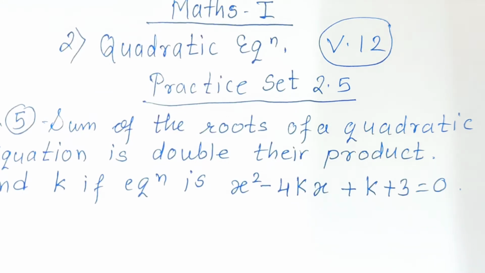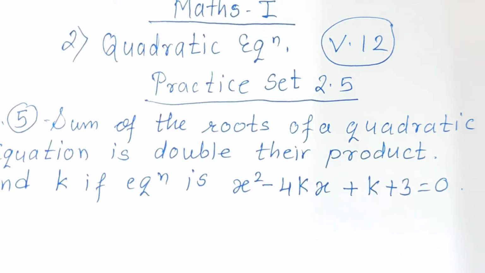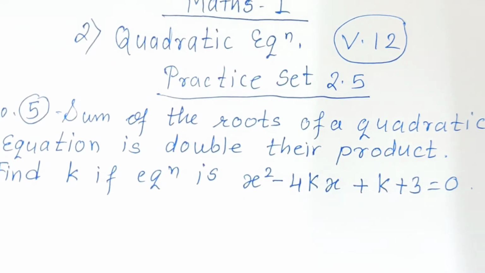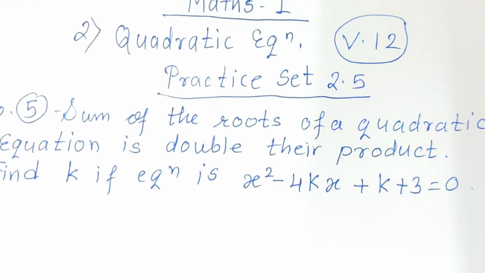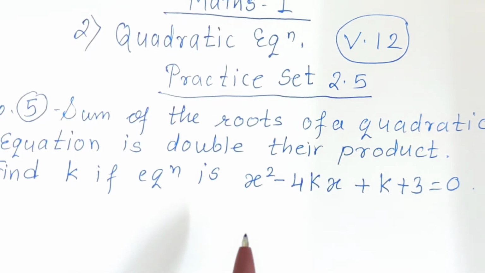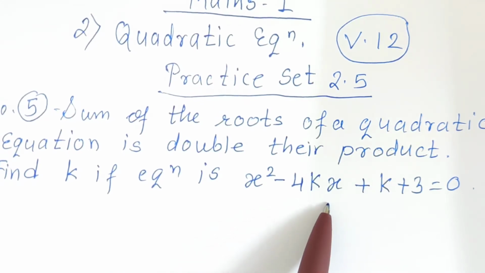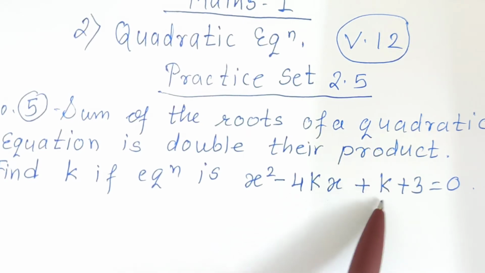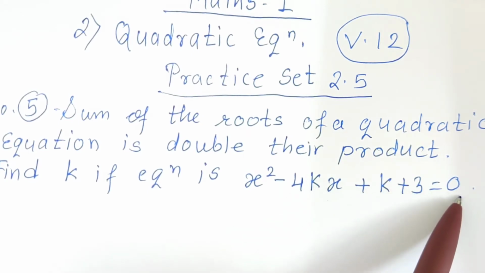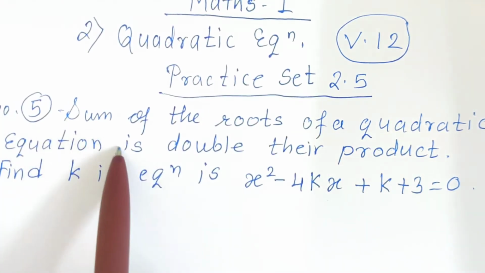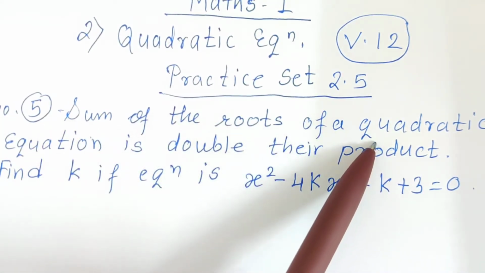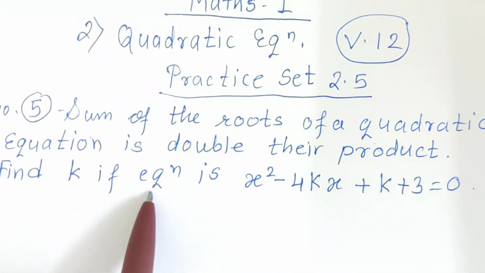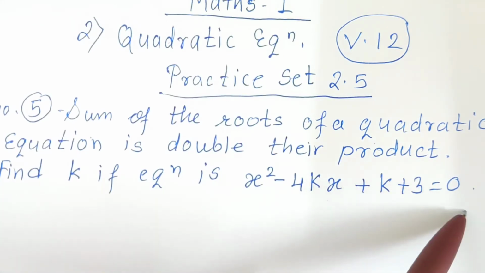The example is: the sum of the roots of a quadratic equation is double their product. Find k if the equation is kx square minus 4x minus 4kx plus k plus 3 equal to 0. See what is given. The condition is given, and we have to find k of the given quadratic equation.